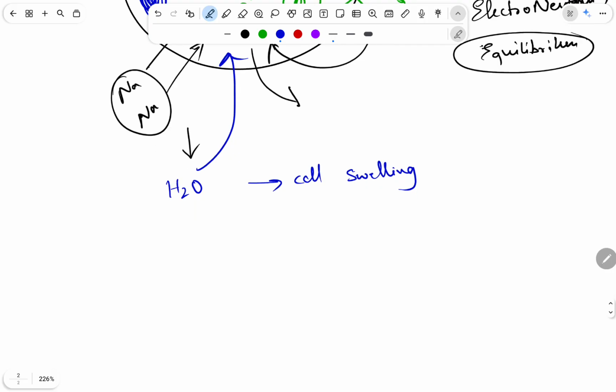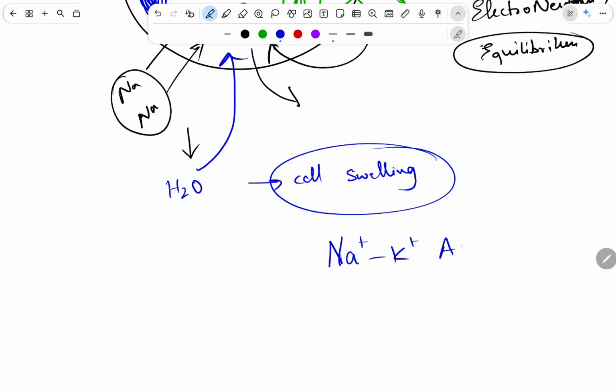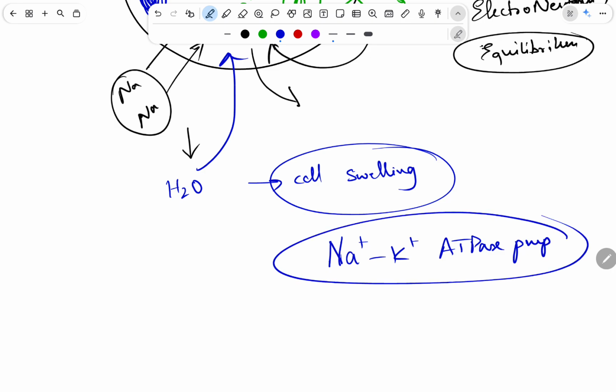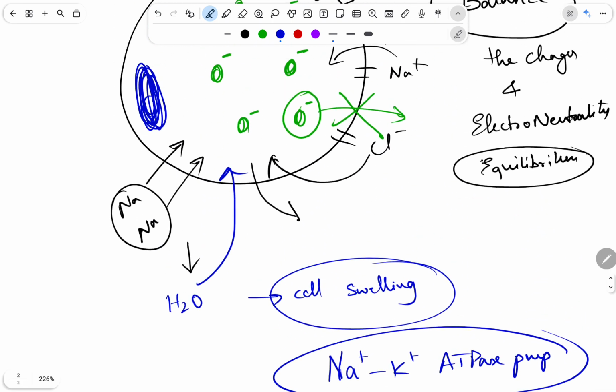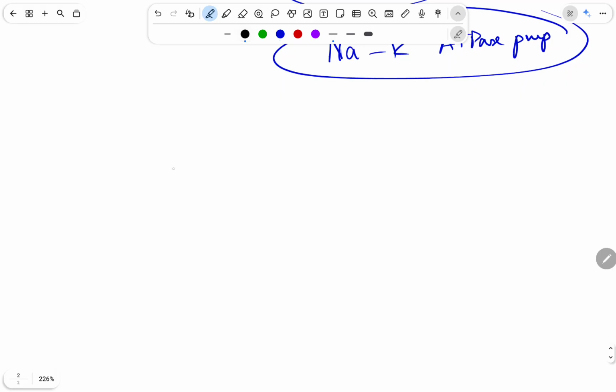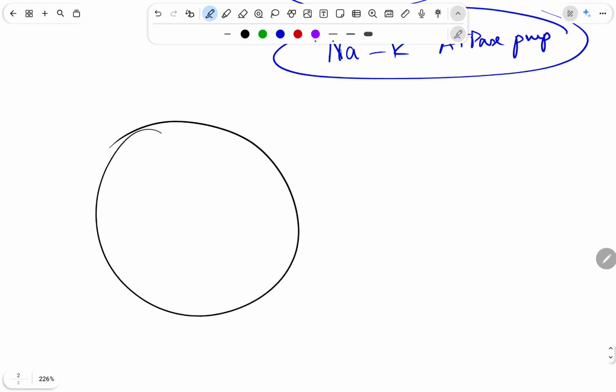This is prevented by one major development, the sodium potassium ATPase pump. So what does this pump do? It will pump 3 sodium outside and 2 potassium inside.